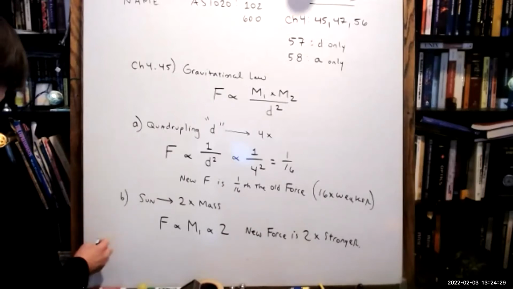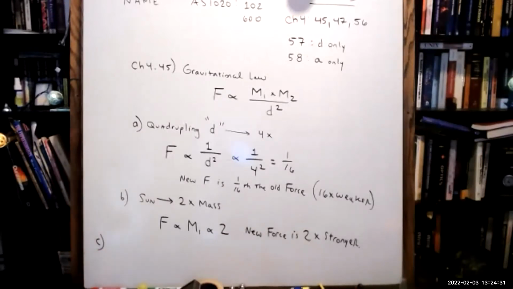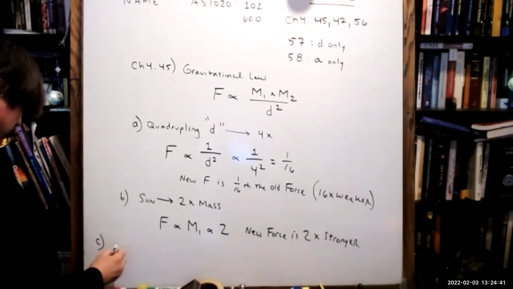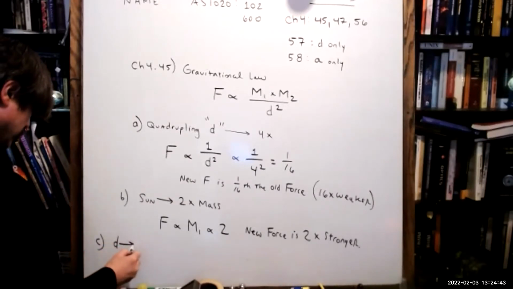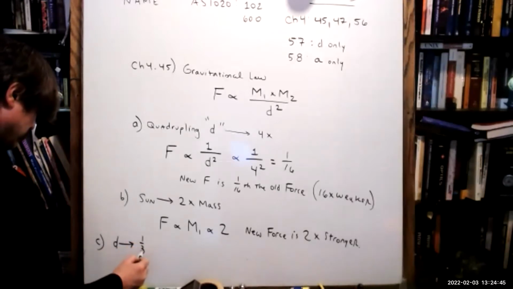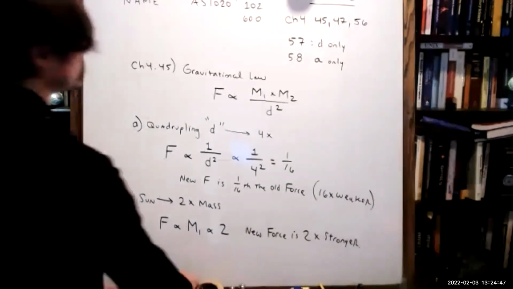Part C. Suppose Earth were moved to 1/3 of its current distance from the sun. What would happen to the gravitational force between Earth and the sun?